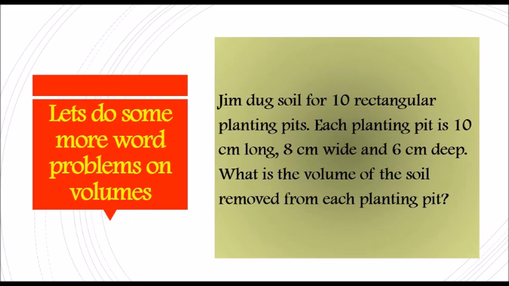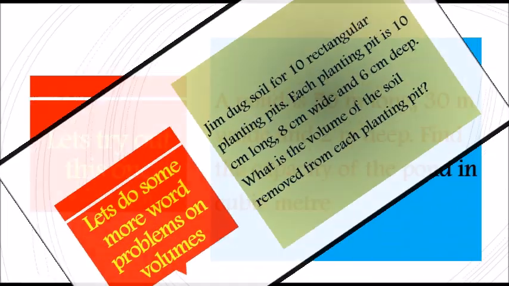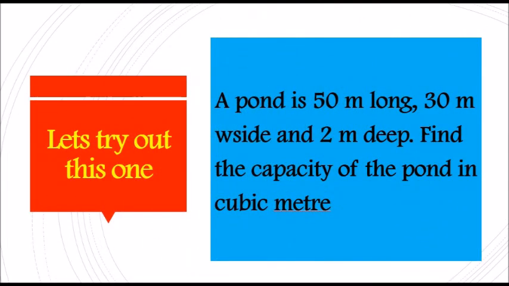Moving on to the last question. A pond is 50 meters long, 30 meters wide, and 2 meters deep. Find the capacity of the pond in cubic meters. Again, simple question: length, breadth, and height.